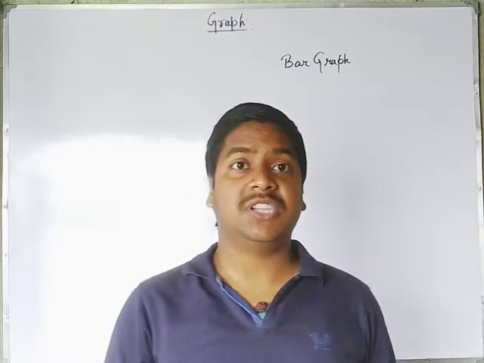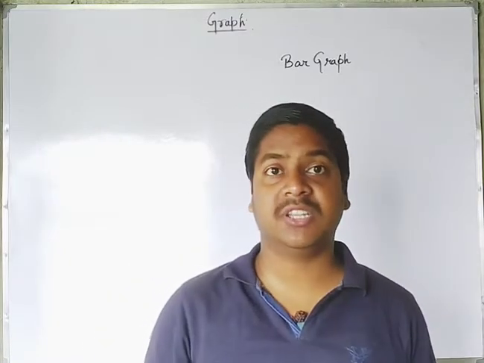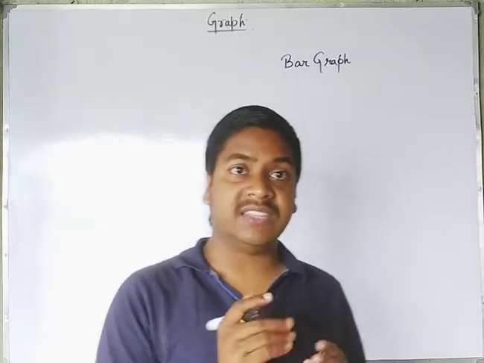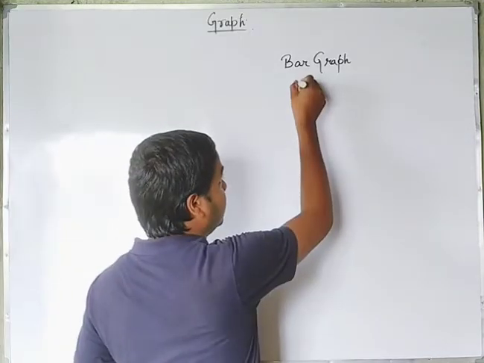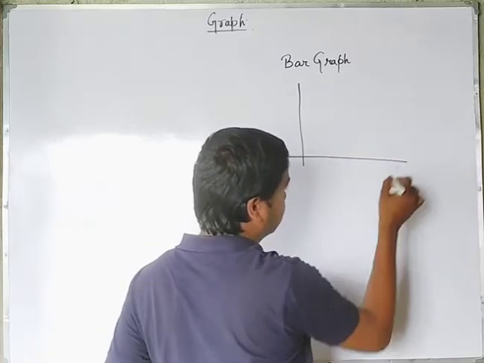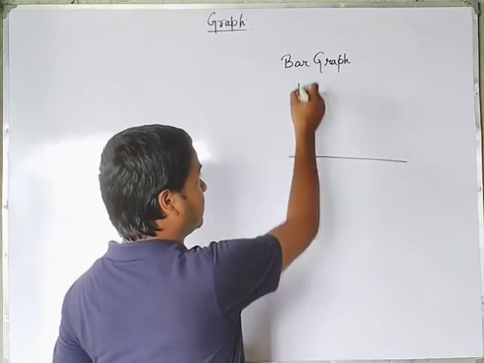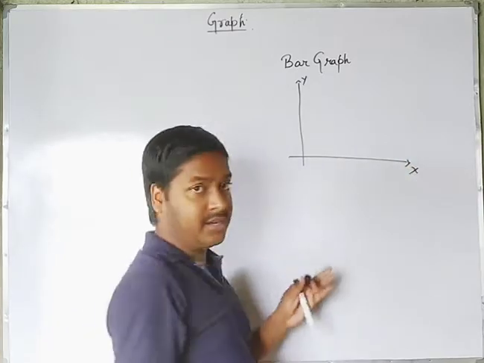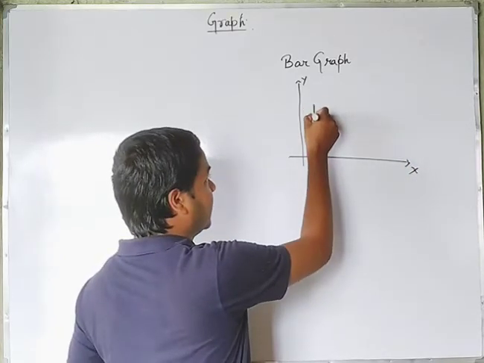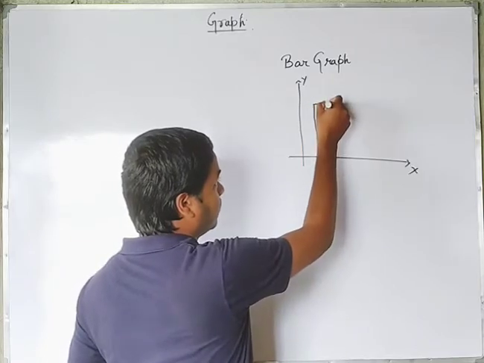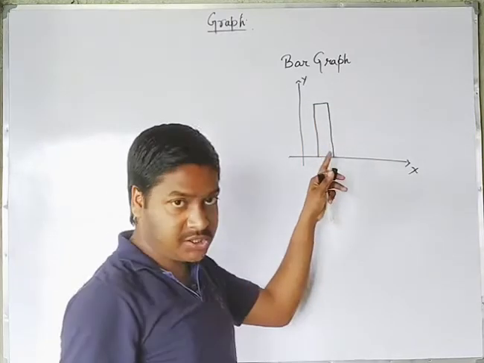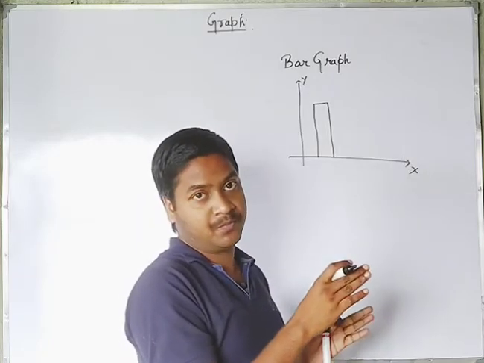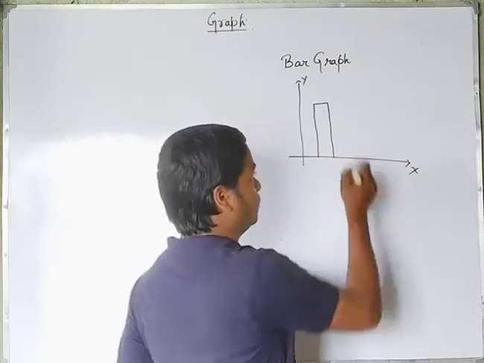A bar graph is a rectangular form of graph. On graph paper we make it in rectangular form in separate lines. Suppose this is our graphical representation, this one is the y-axis and this one is the x-axis. Then a bar graph is represented by rectangular bars, and all the bars are separated from each other, not connected to each other.